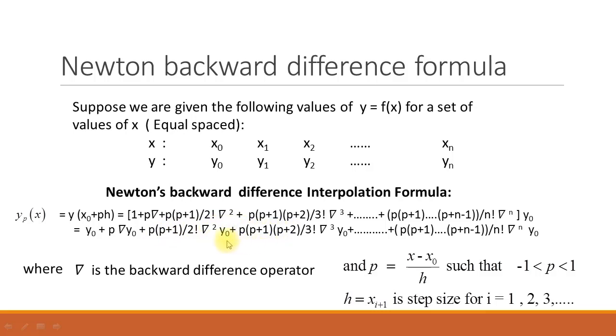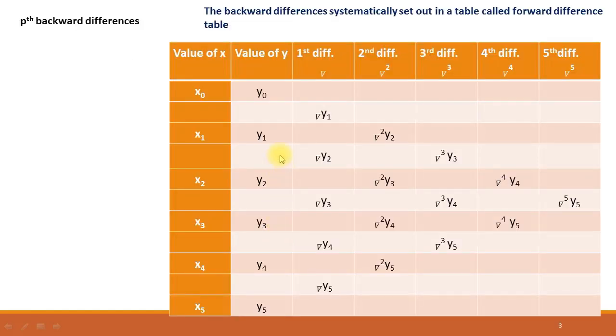But in the Newton backward difference formula, in this expression a plus sign is used, like p(p+1), p(p+1)(p+2) divided by 3 factorial and so on. So this is the first difference between the Newton forward difference formula and the Newton backward difference interpolation formula. Now the second difference is in the differences table.